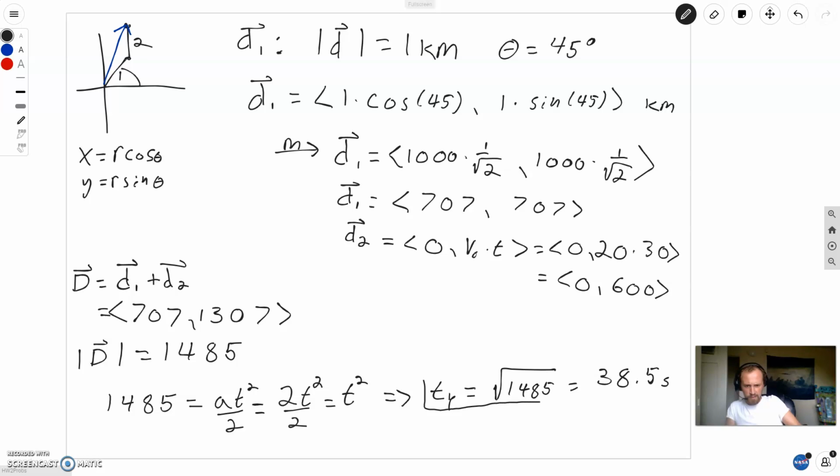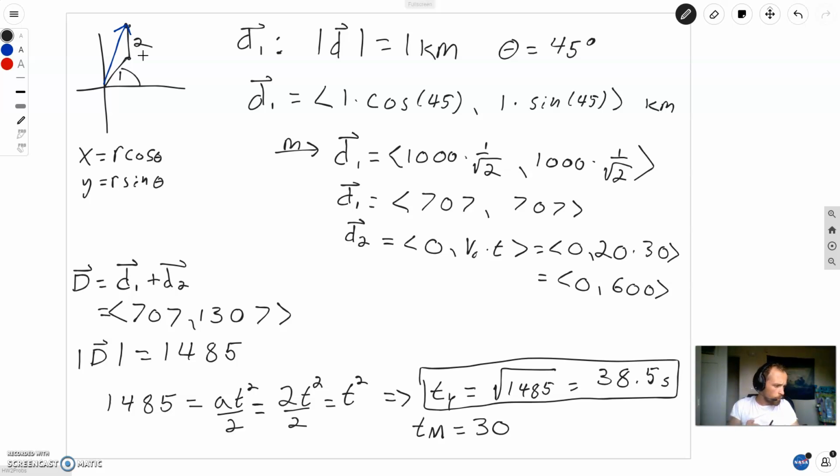But we also need to know my time. So the time for me, well, we're told the time for the first leg is 30 seconds, so it's going to be 30. And then for the second leg, we have a distance and a speed, so I can get a time.